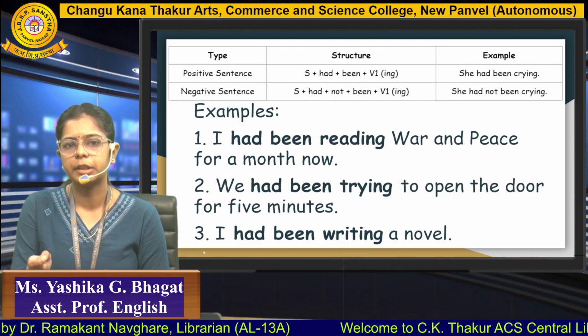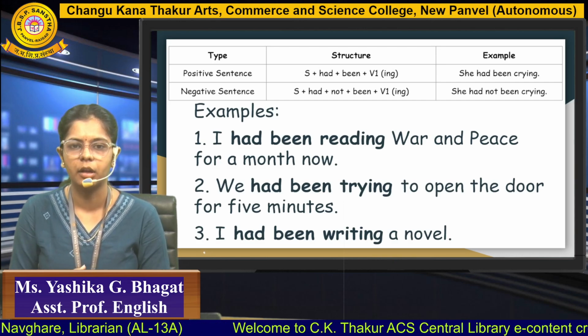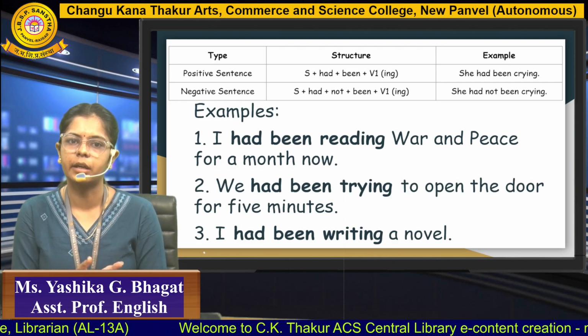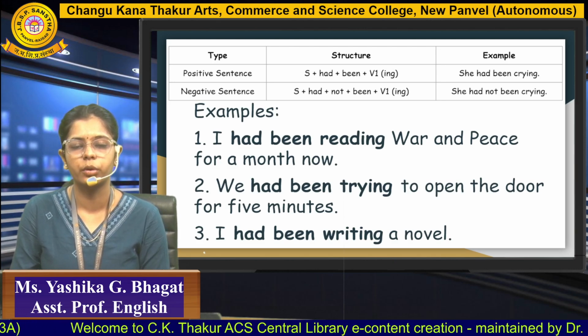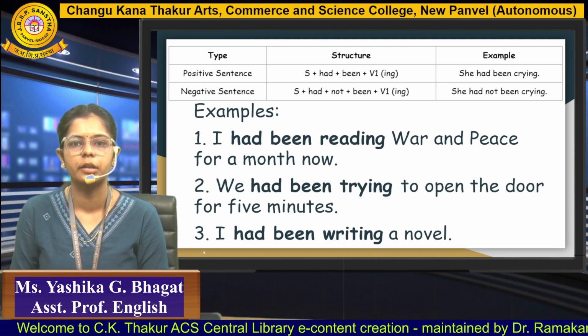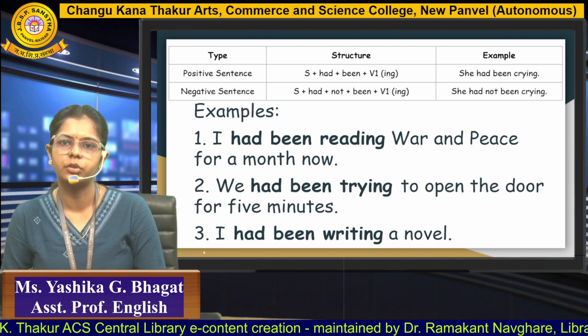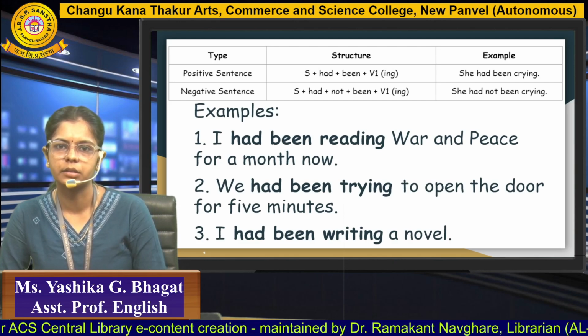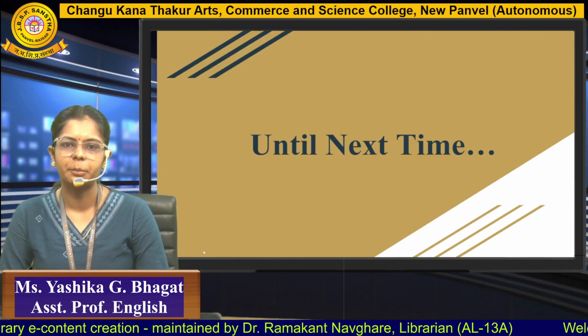But with the help of the helping verb had, we understand that the action has taken place in the past. So the action of writing the novel has started in the past and had been represents that the action is still going on. Writing of the novel is not complete yet. Therefore, these are the type of examples you can learn under the last category, that is the past perfect continuous tense. Thank you for listening patiently.